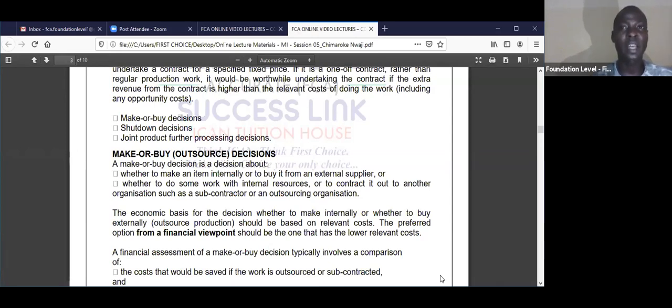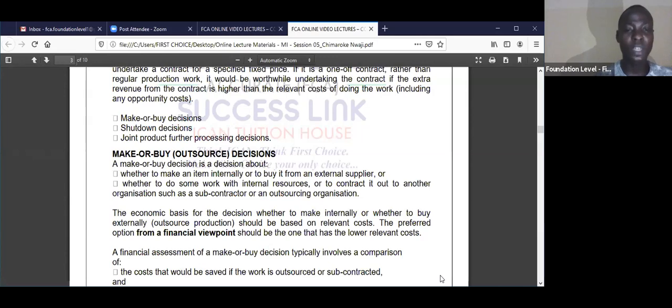So we've looked at relevant cost last time, and when we were looking at labor, we saw that there were two alternatives, and the company opted for the one that gives them a lower cost, a lower relevant cost. So that's what we are going to be applying here in make or buy decisions.